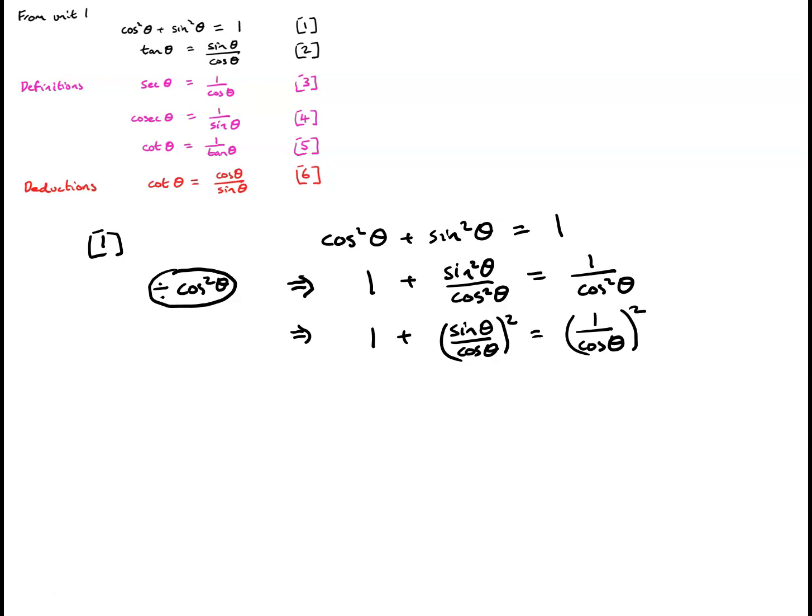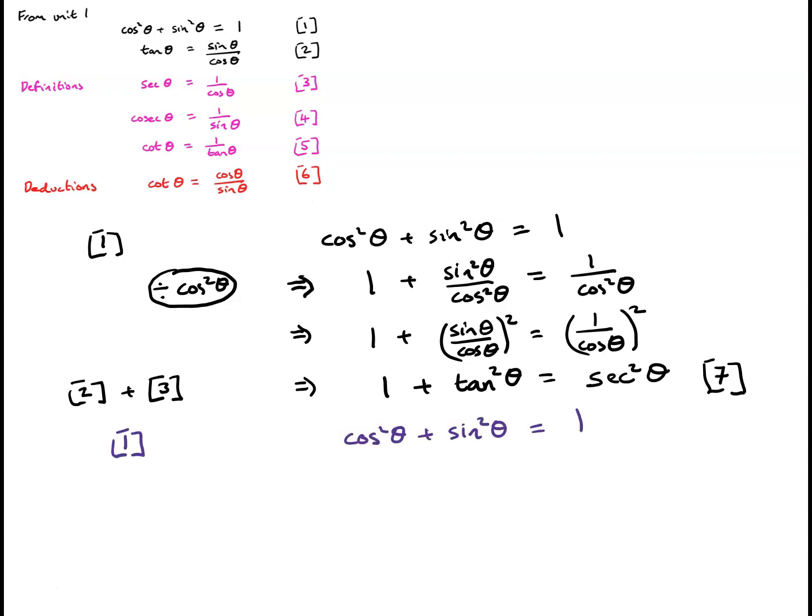Sin theta over cos theta is tan theta. That's equation 2. 1 over cos theta is sec theta, which is equation 3. So making use of equations 2 and 3, I obtain 1 plus tan squared theta must equal sec squared theta.